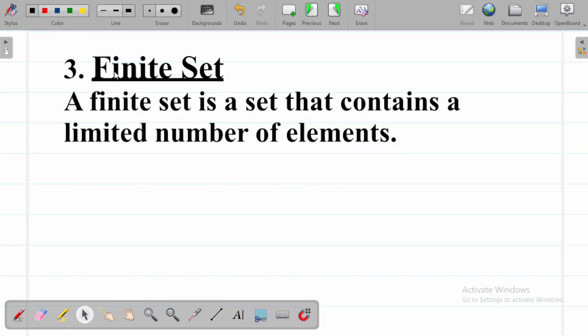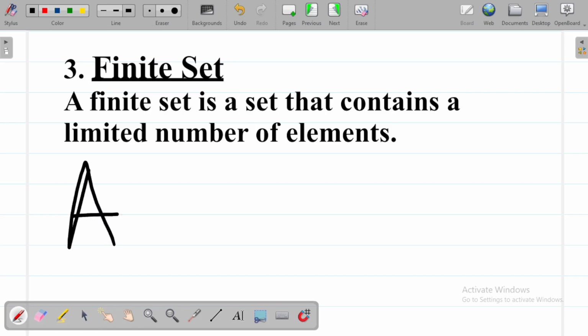All right, so let's consider the third type of set. We have the finite set. A finite set is a set that contains a limited number of elements. So let's take an example.